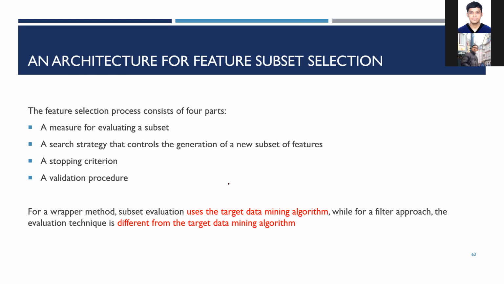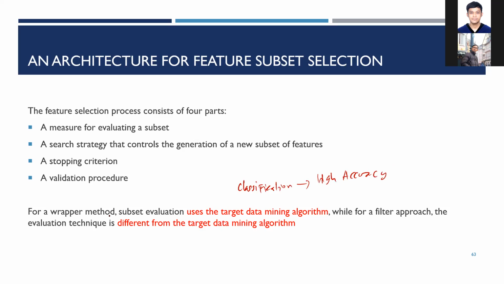For example, classification. For classification, the target of the data mining approach is to increase the accuracy. In classification, the target is a high accuracy, for example.